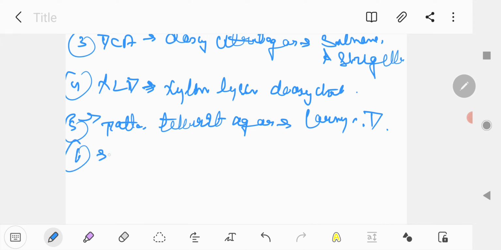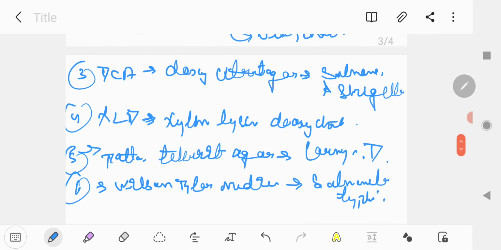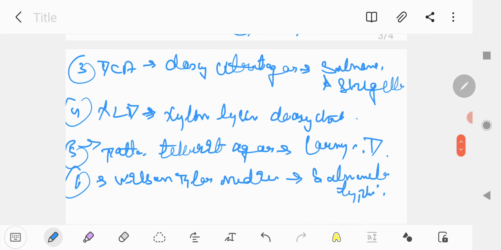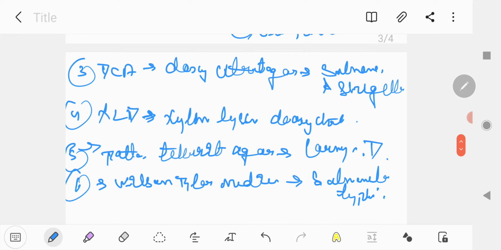Sixth example, most important, Wilson Blair medium, used for Salmonella typhi. So these are the six classic ones: Lowenstein Jensen, TCBS, DCA, XLD, potassium tellurite agar, and Wilson Blair medium.